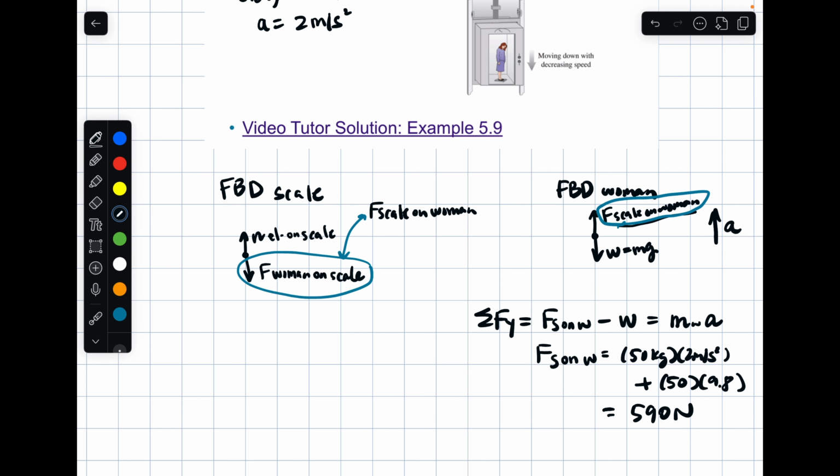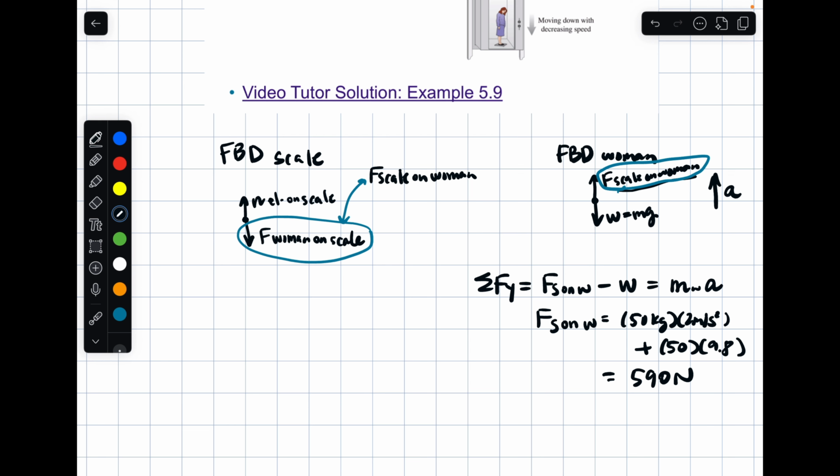Which is greater than what she would read on the scale if she just stepped on it while not accelerating. So she feels heavier, right?